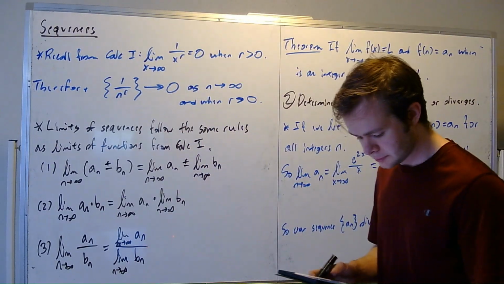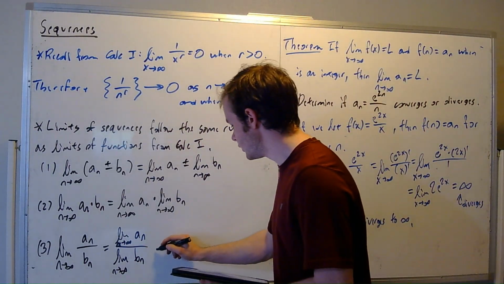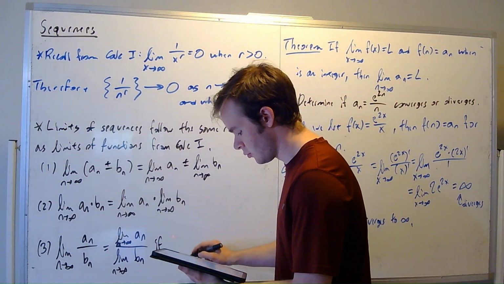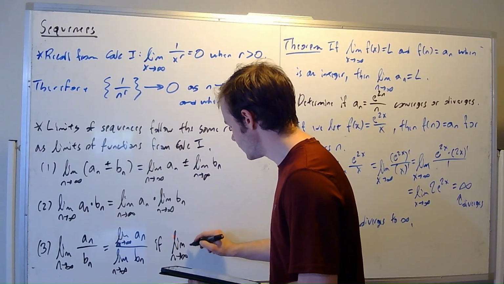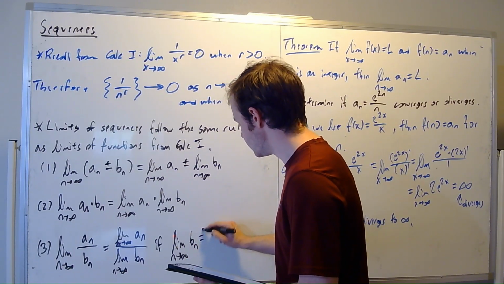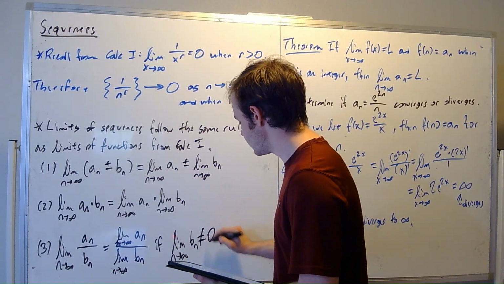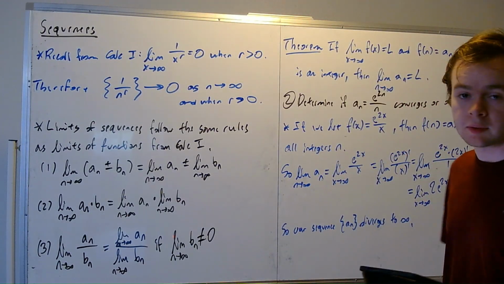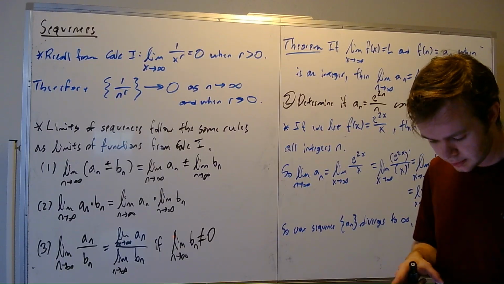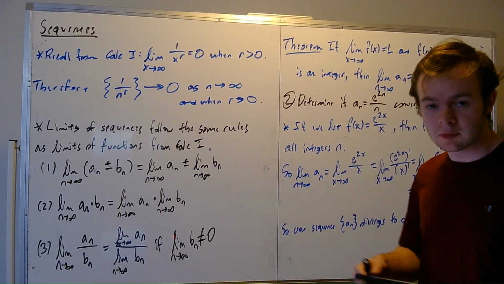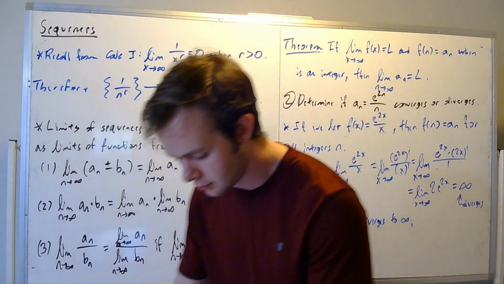And I'll write here, we were only able to do this in Calc 1 if the limit as n goes to infinity of bn is not equal to 0. So you have to be careful that you can only use that property if the bottom limit is not 0.